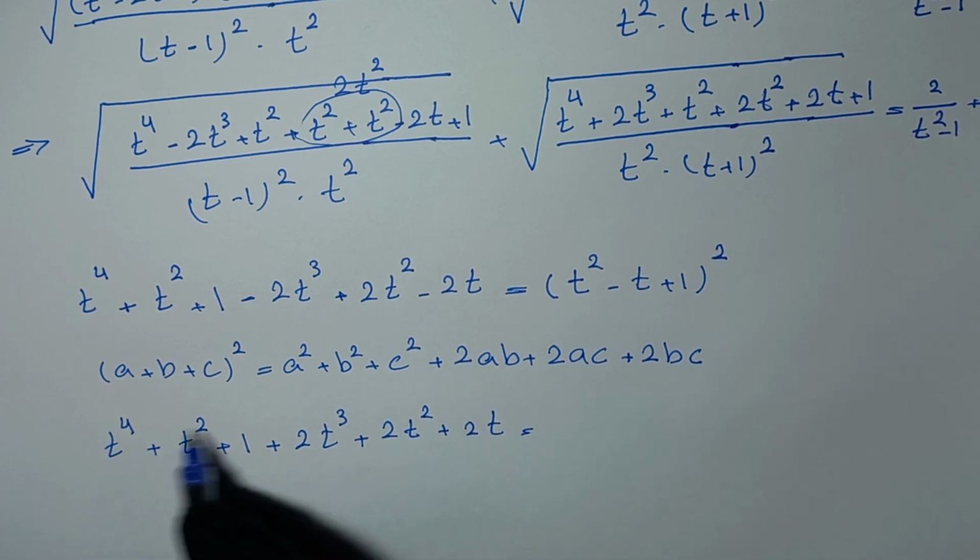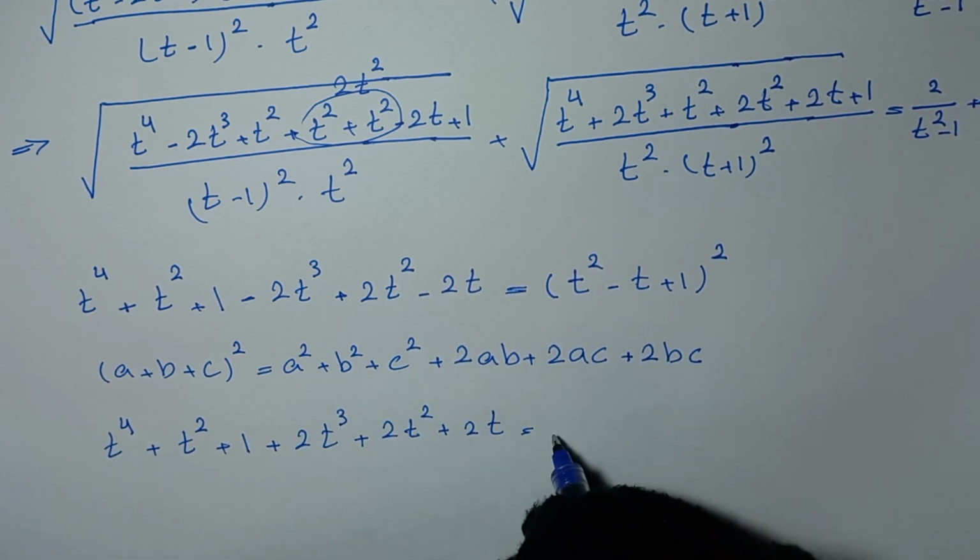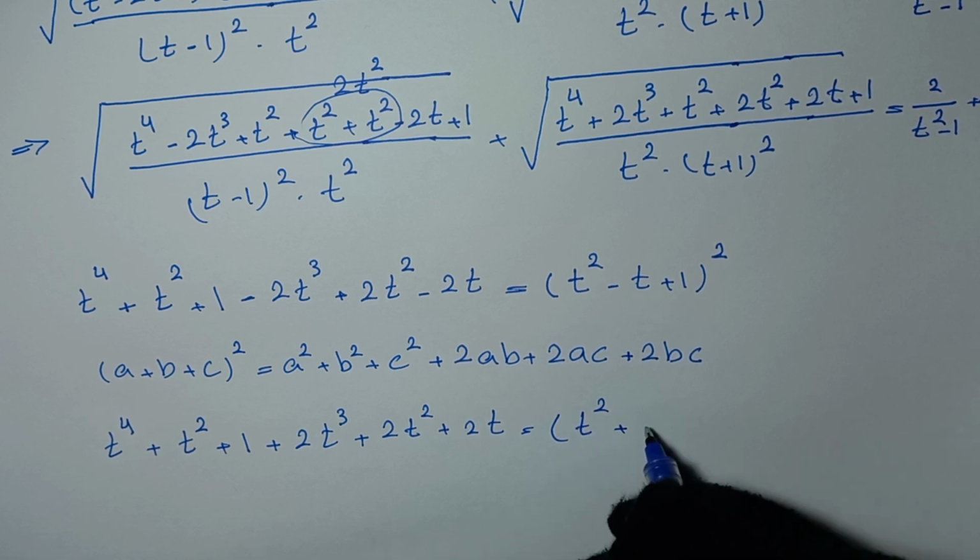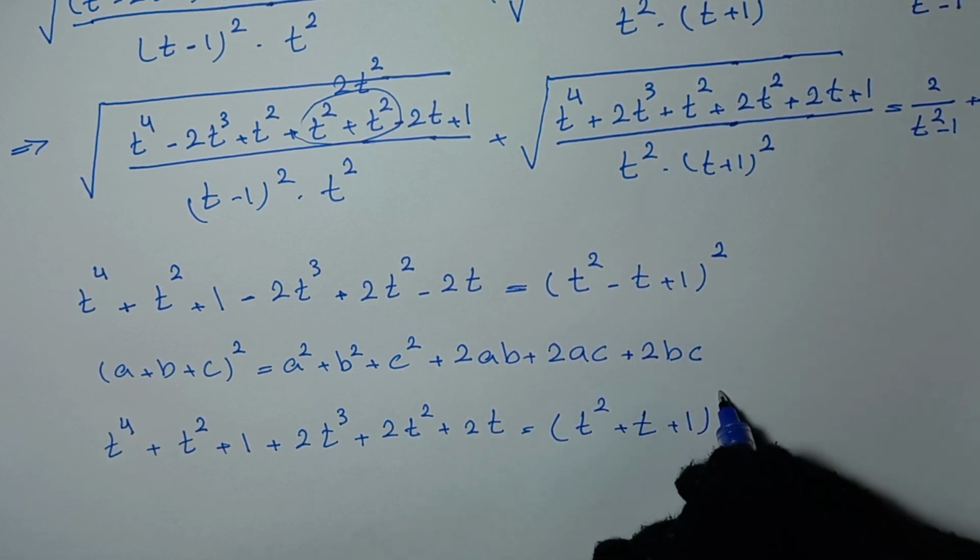Also, this is in this form, so we can write this as t squared plus t plus 1 to the power of 2, right?